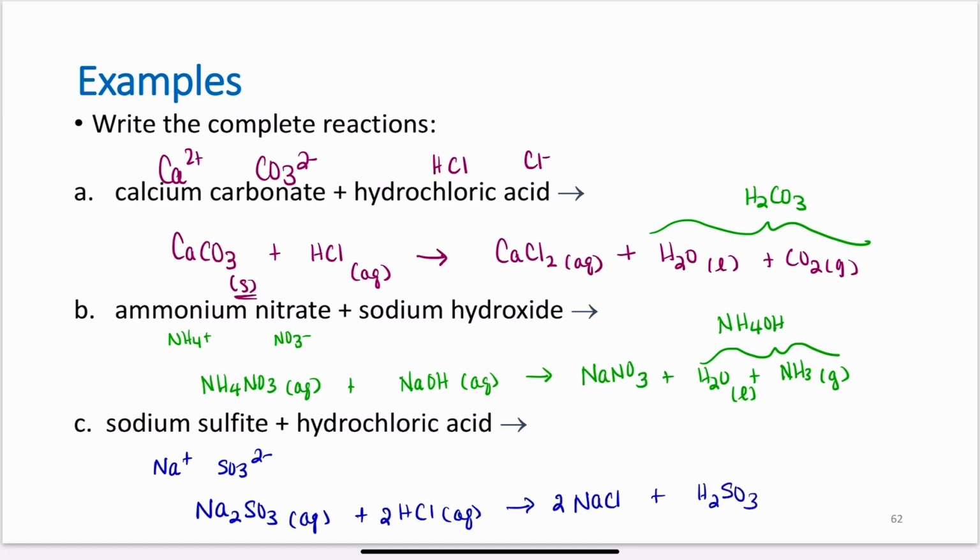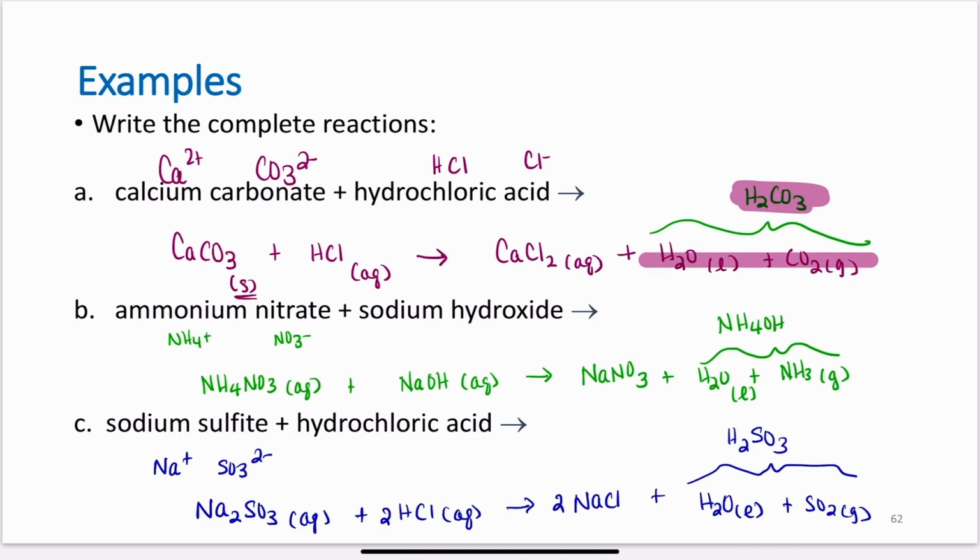The 2 here is going to balance this out. But I have to recognize that this H2SO3 actually further decomposes, forming H2O liquid and SO2 gas. So again, anytime I see carbonic acid, I know it forms water and carbon dioxide. If I see ammonium hydroxide, I know it forms water and ammonia gas. And if I see H2SO3, I know it's forming H2O and SO2.